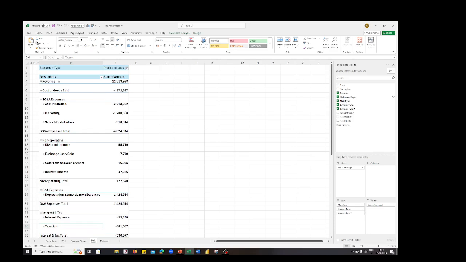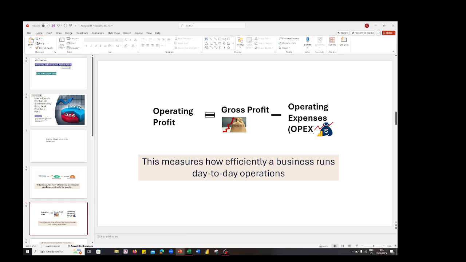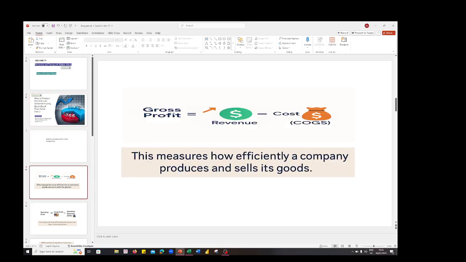To do that, you click here and ensure that what you want to calculate is within the field. Now, we want to calculate our gross profit. Gross profit equals revenue minus cost of goods sold. What this does is it measures how efficiently your company produces and sells its goods.